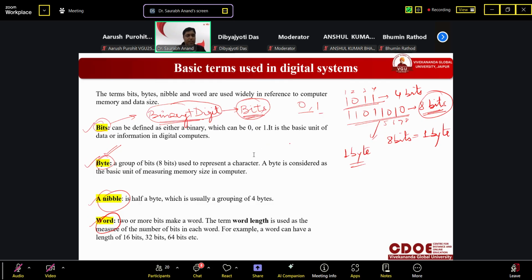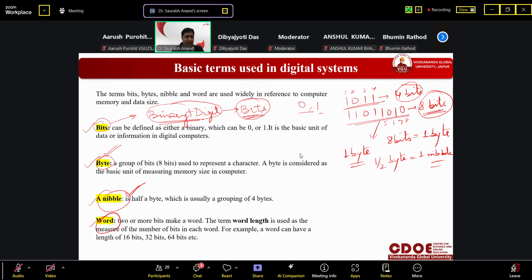So byte is also a unit. If it is less than 8, then we cannot use byte; we will use only bits. And a combination of 4 bits is known as nibble. So it is half of the byte. So half byte is equal to 1 nibble. We generally don't use nibble. We use bits or bytes only.